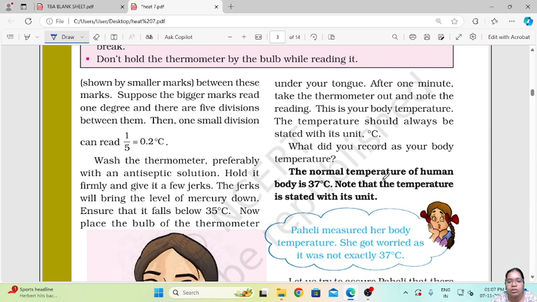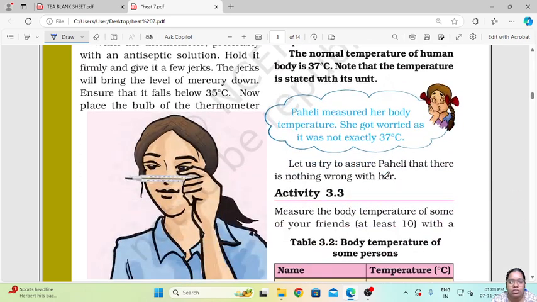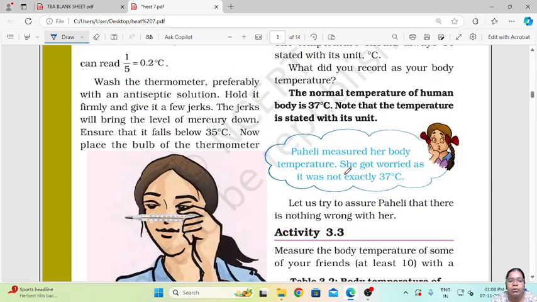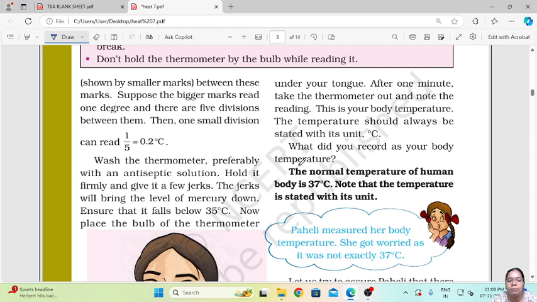The normal temperature of the human body is 37 degrees Celsius. This is a very important concept to know, the normal body temperature of human beings. The normal human body temperature is 37 degrees Celsius.